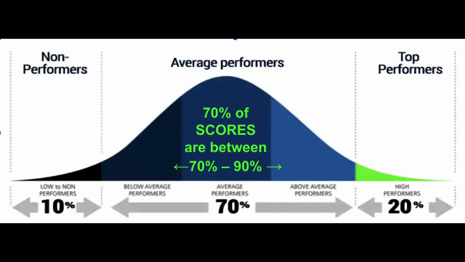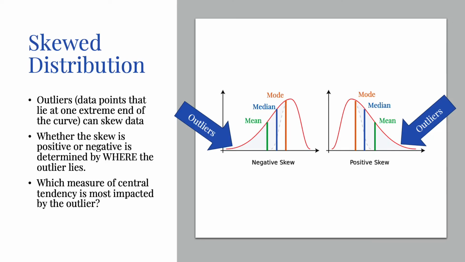But let's just say Sally somehow got like 150%, which shouldn't be allowed, but let's just say that she did, right? That one giant score totally skews the data set, and now it's no longer going to be a normal distribution or a normal bell curve shape. So because of this, you have to know what both a negative and a positive skew is.